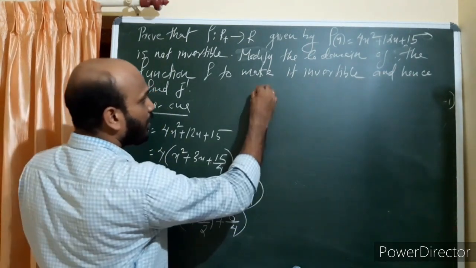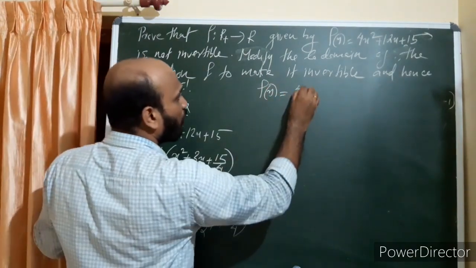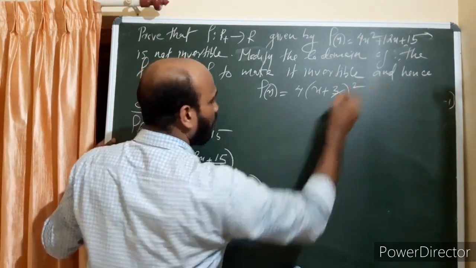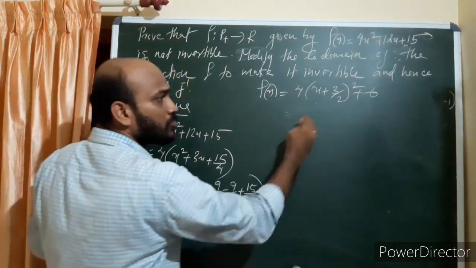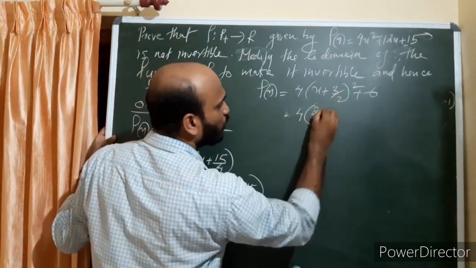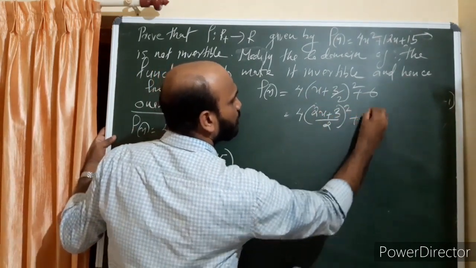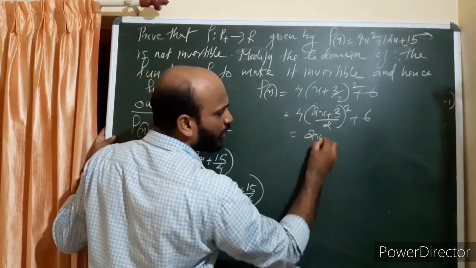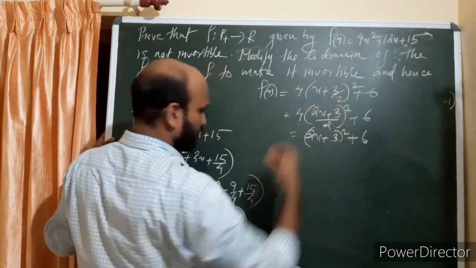So you'll get f of x equal to 4 into x plus 3 by 2 whole square plus 6. This one again we can simplify. 4 into, find LCM, you get 2x plus 3 by 2 whole square plus 6. So 4 you can cancel. So you will get 2x plus 3 whole square plus 6.